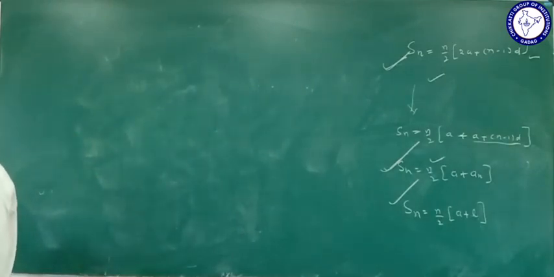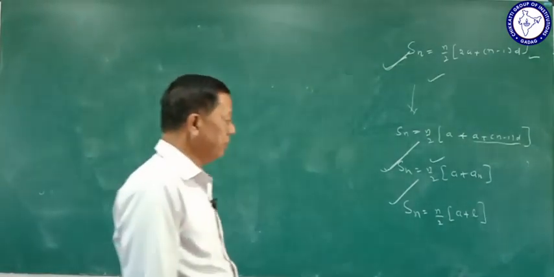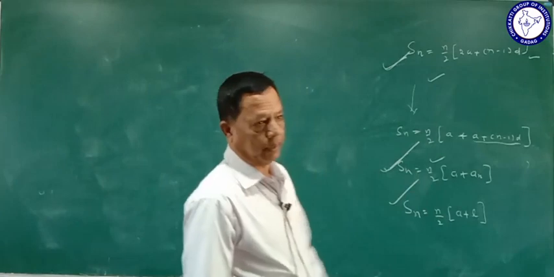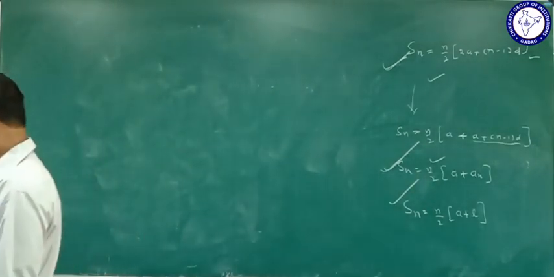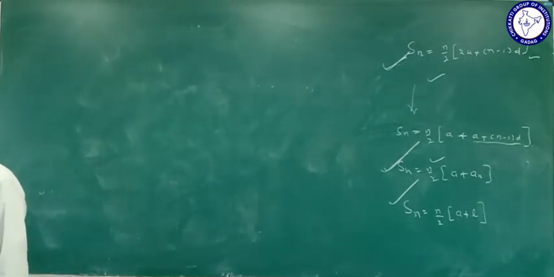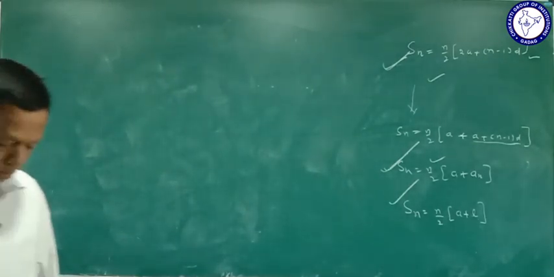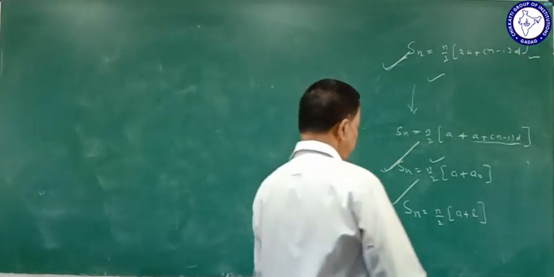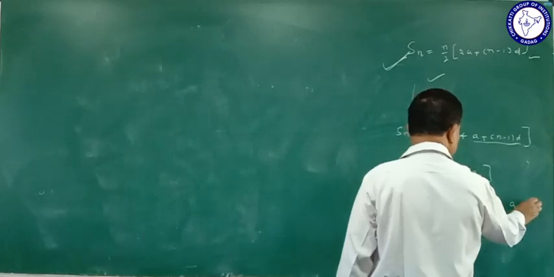If there are only n terms in an AP, and an is equal to l, the last term, then this is used. If there are only n terms, then an is equal to l can be used.